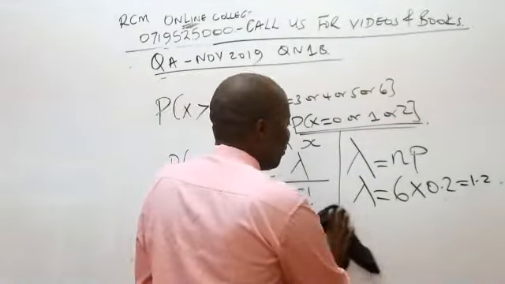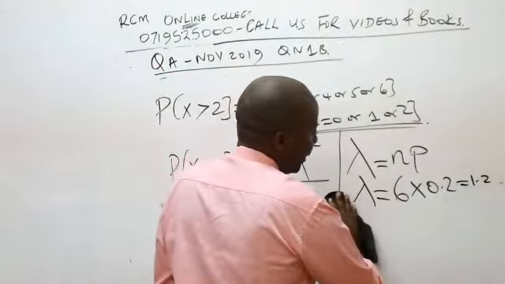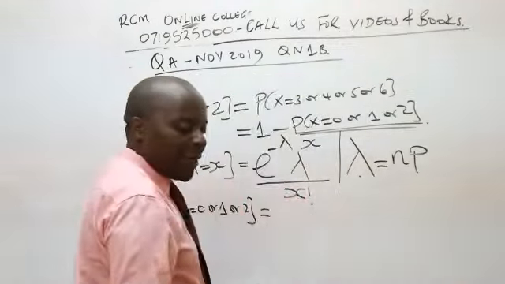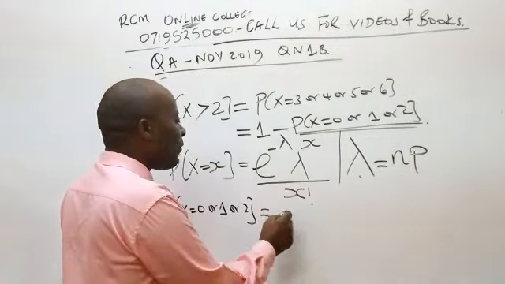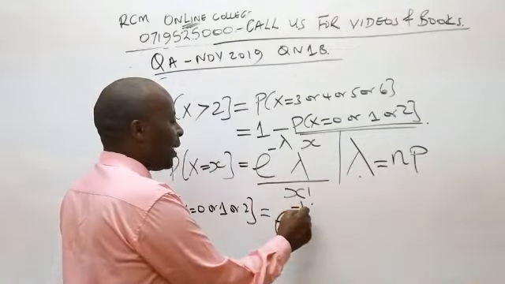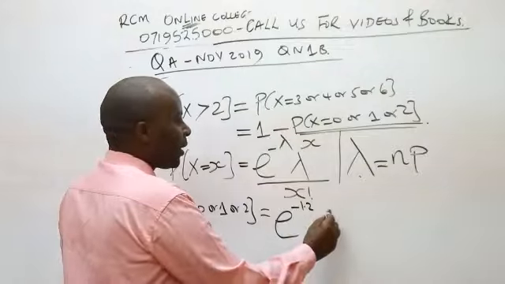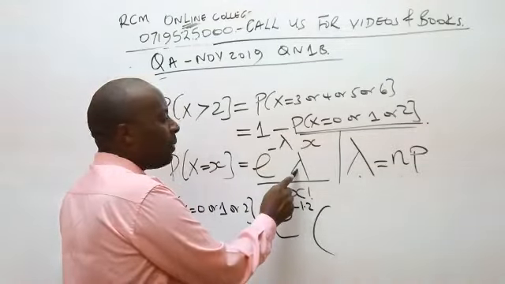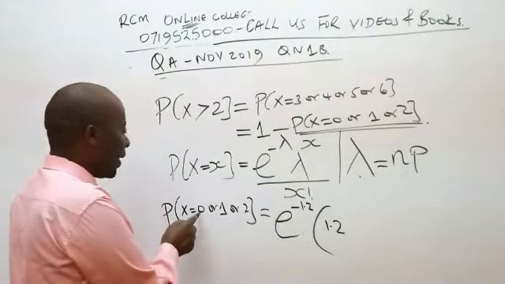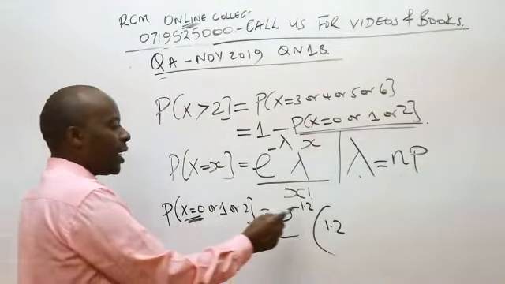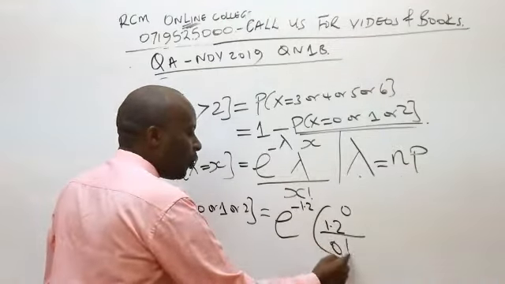Ladies and gentlemen, this is what I will do. Once I have my mean, I hope you have taken this down, I will come and factor out e raised to negative lambda, into brackets. Lambda here is 1.2 raised to the first x figure, which is 0, all over 0 factorial.